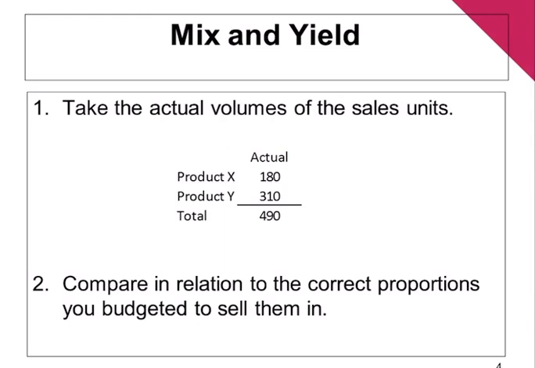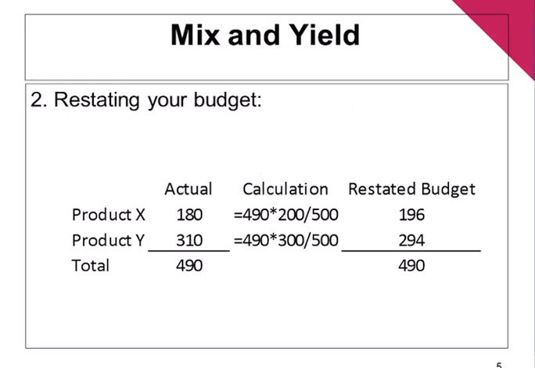Okay, so let's start with mix. What we're going to do is look at the actual volumes of the sales units. So product X, we sold 180 units, product Y 310, and we're going to compare them in relation to the correct proportions that you budgeted to sell them in.